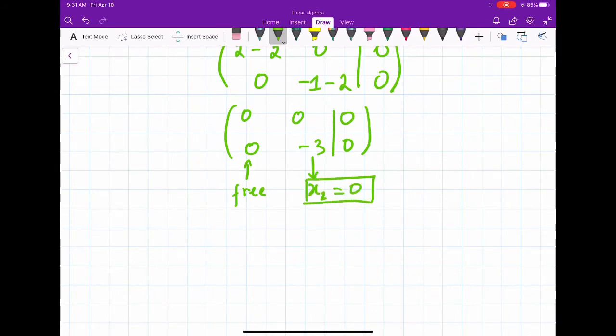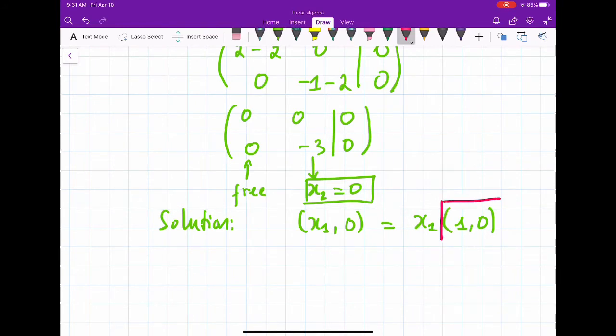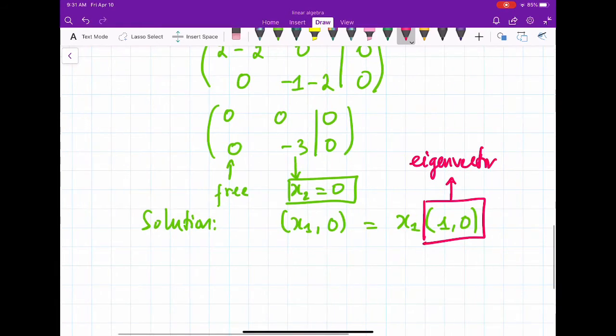The general solution of this system is x1 times (1, 0). So this is the eigenvector corresponding to lambda = 2. Makes sense?